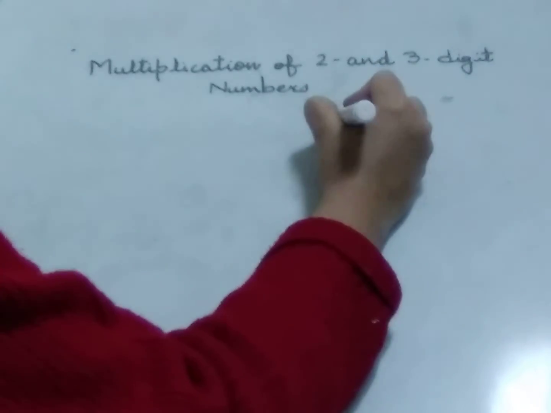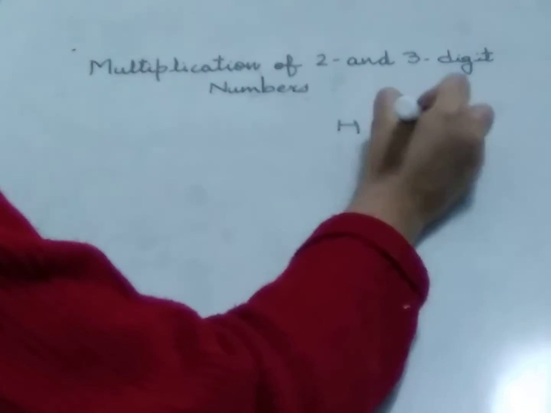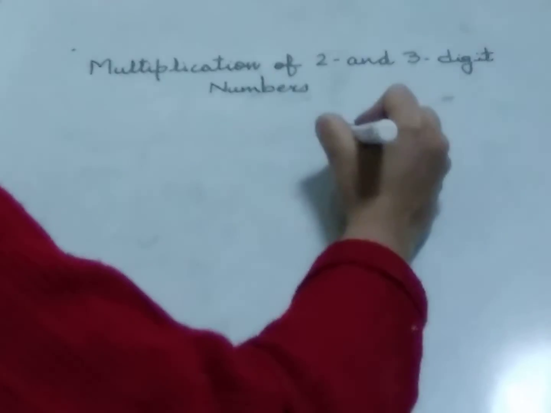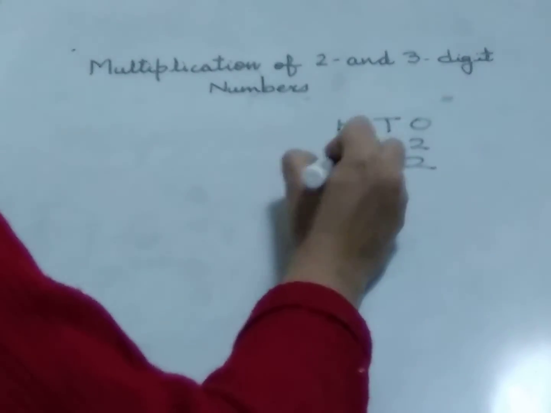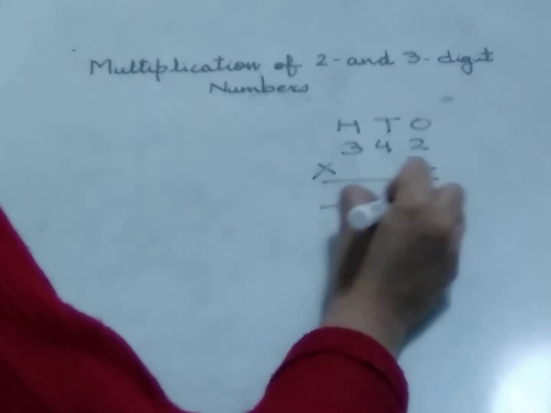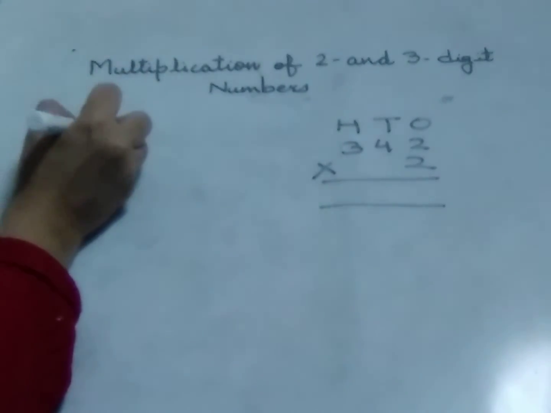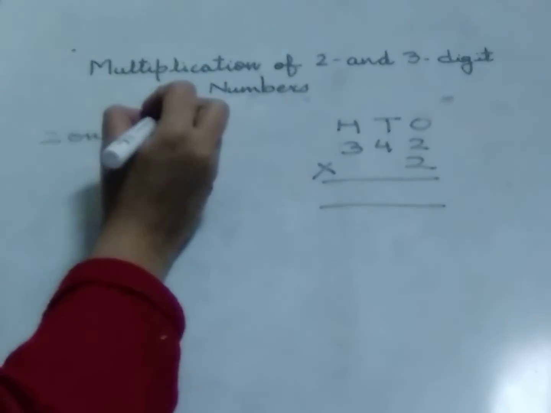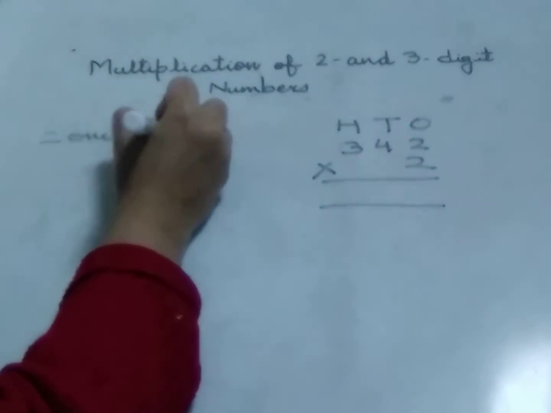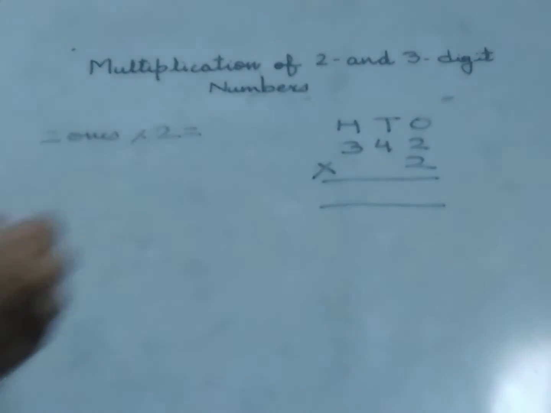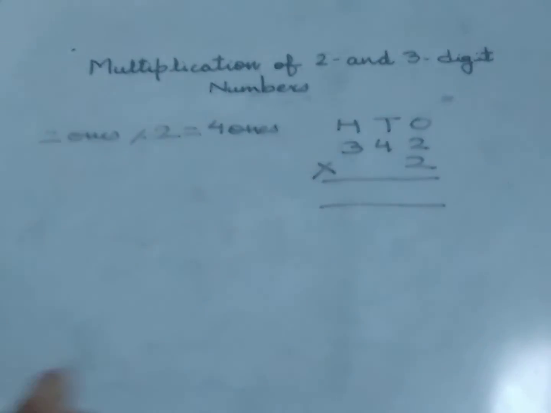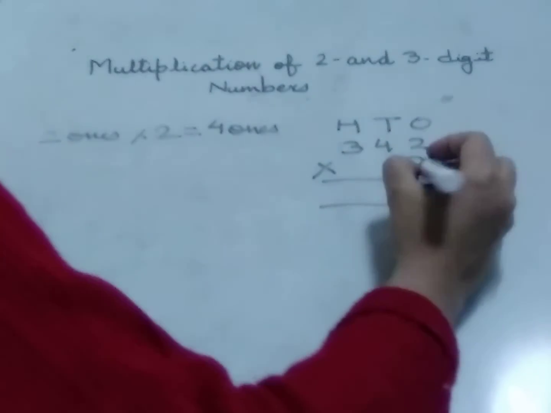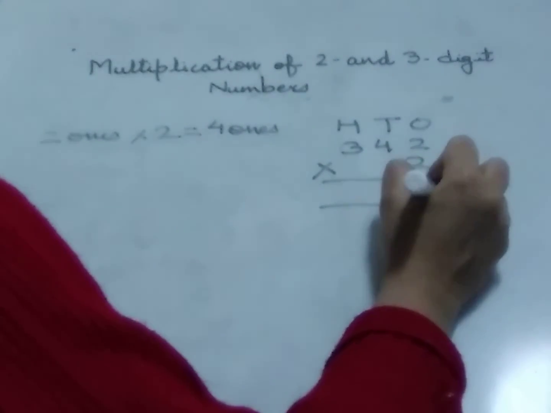Next question is HTO. It is again a 3-digit number. 342 multiplied by 2. Multiply the ones first, which is 2 ones multiplied by 2 is equal to 2 twos are 4, 4 ones. So write this 4 in the ones place.